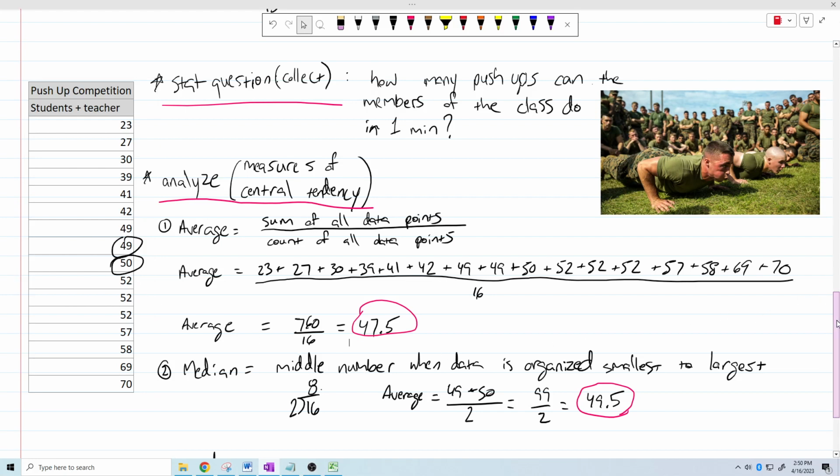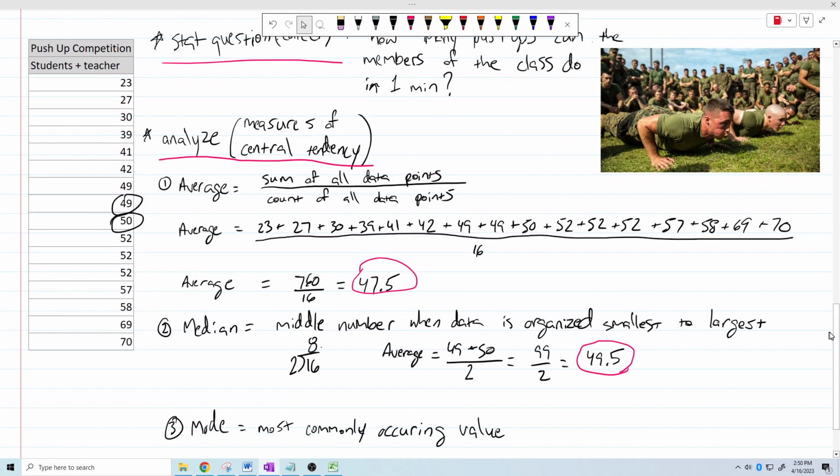Mode, there's nothing different about the mode on this one, guys. Nothing different at all. The mode is still the most commonly occurring value. So when I look at this set of data here, this is interesting. I see two 49s. Okay, I'll highlight that a little bit.